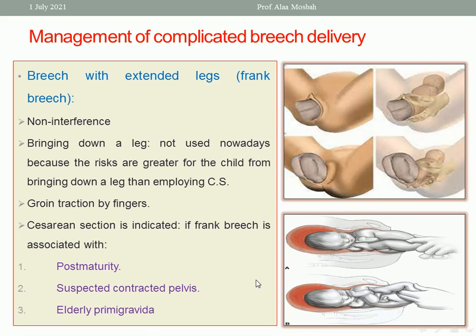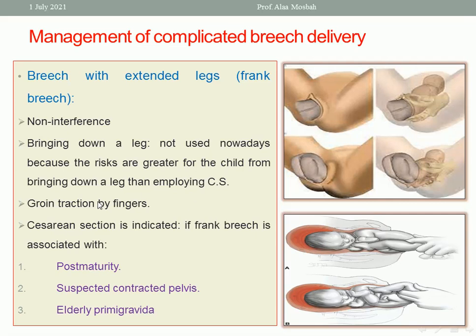You can help by groin traction when indicated, by finger, as in this picture. Bringing down a leg can also be used, by pressure on the popliteal fossa, trying to hold the foot and get it out.